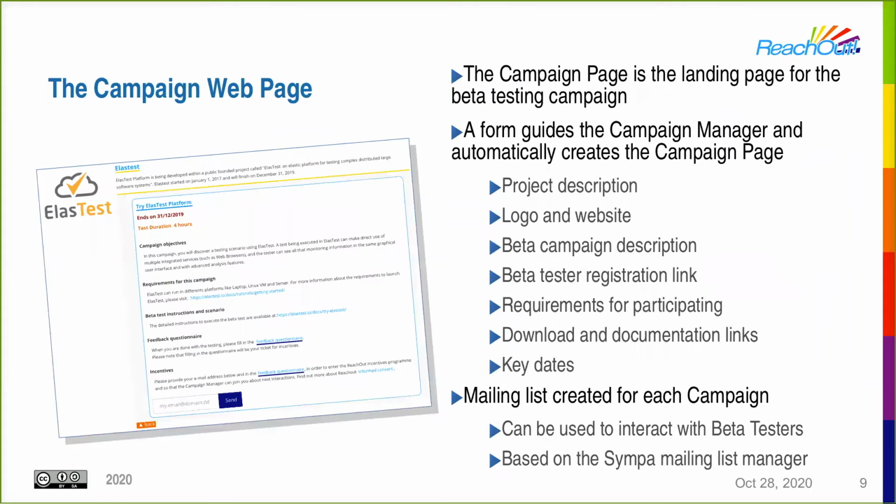So the campaign web page itself is the thing that the beta tester will be able to see. So you just provide some information in the form that we provide, then it generates a campaign page. And together with the campaign page, we also generate the questionnaire, which I'll go to in a minute. And we also generate a mailing list, which can be used to interact with the beta testers if you want to.